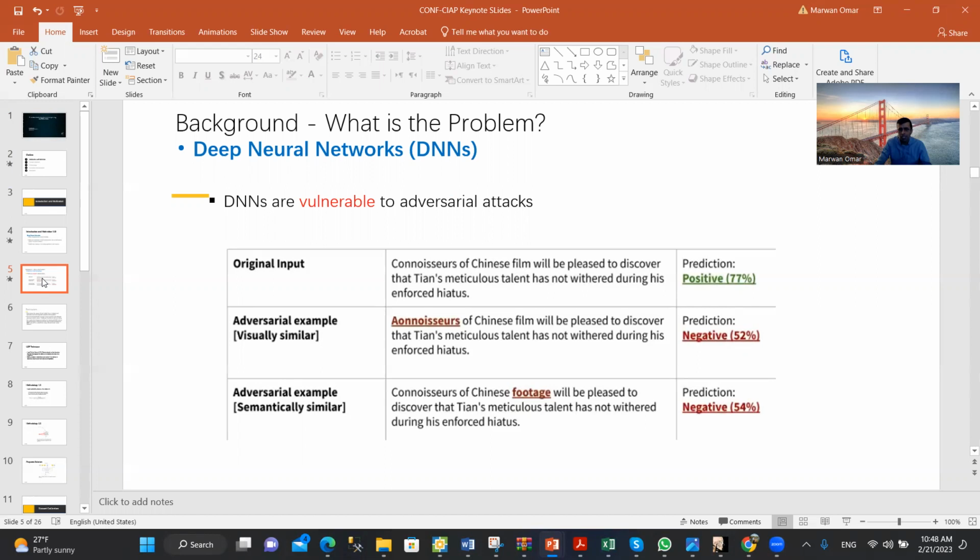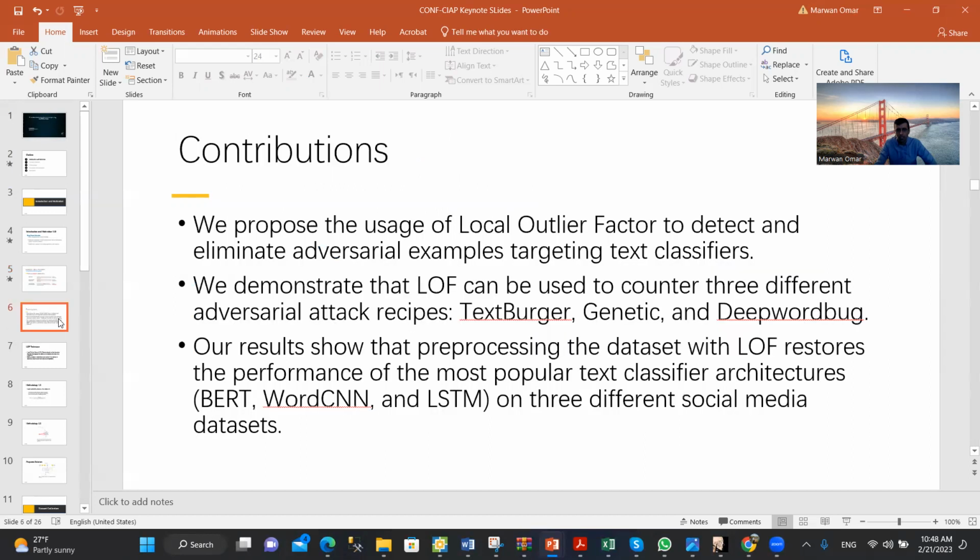However, the NLP classifier is tripped and is fooled to make the incorrect prediction, even though this was originally a positive sentiment. Now the NLP classifier is classifying it as a negative sentiment with 54% confidence. So this is what we are trying to do in our paper. In this paper, we are trying to detect these adversarial examples.